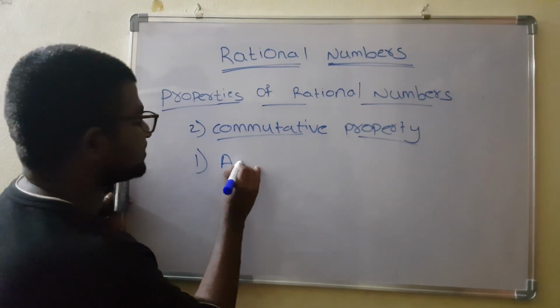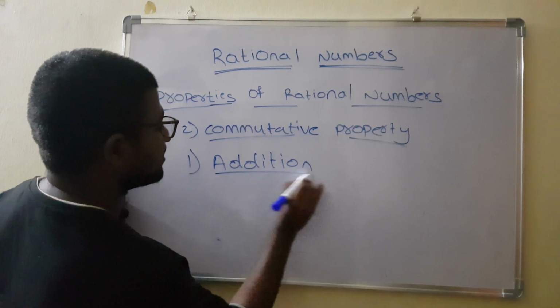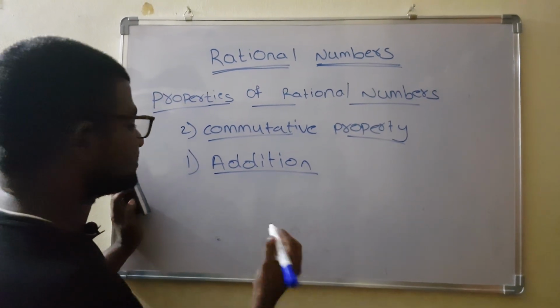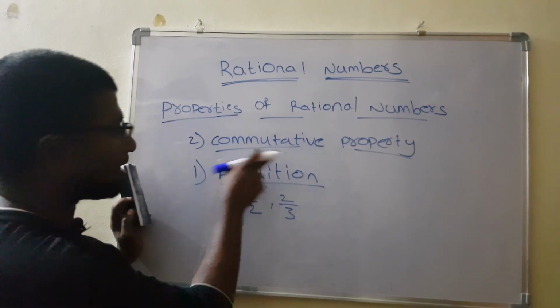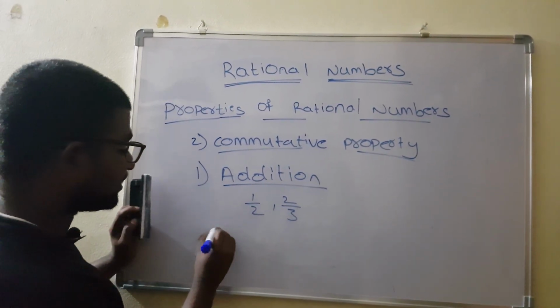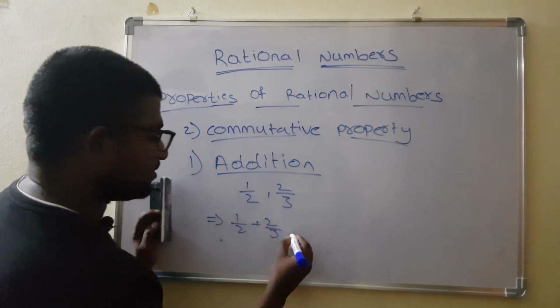Consider two rational numbers, 1 by 2 and 2 by 3. By using commutative property, what do we do? 1 by 2 plus 2 by 3.